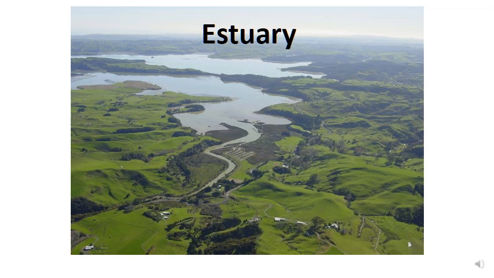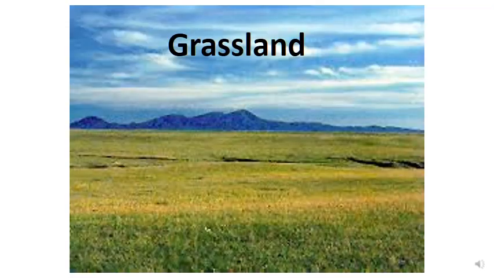Estuary represents an ecotone between fresh water and salt water. Grassland shows an ecotone between forest and desert.